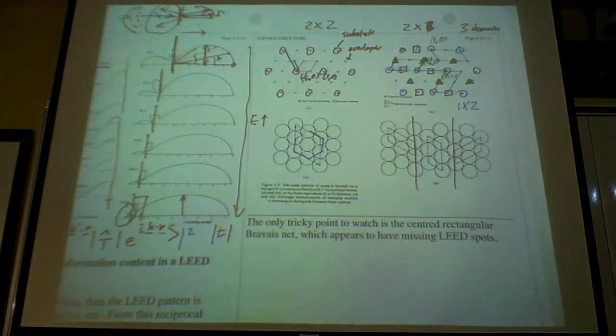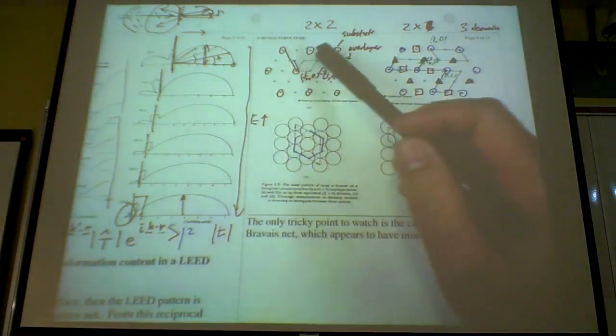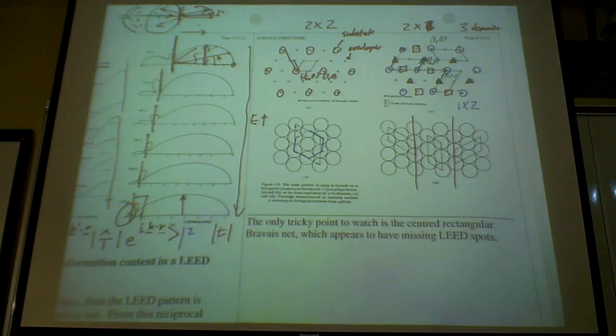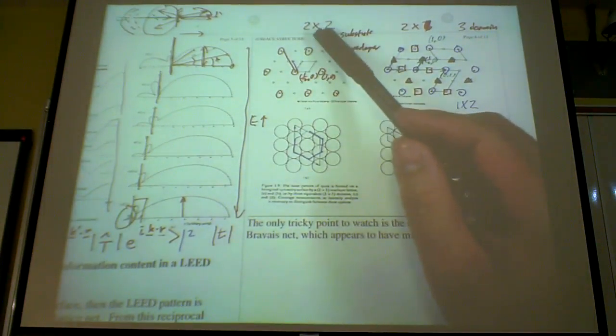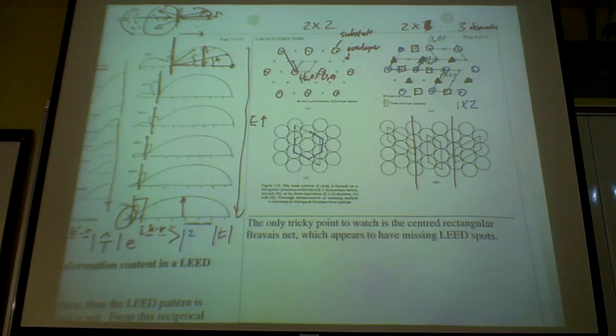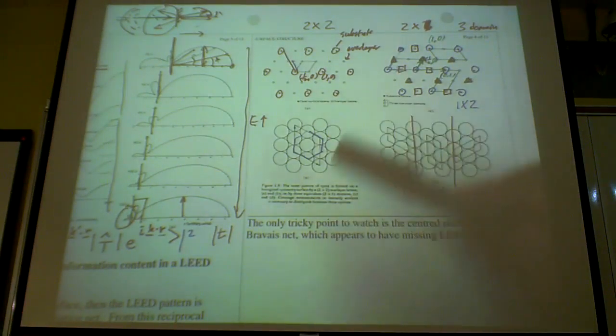Okay. So these are known as fractional order spots in LEED terminology. And what I'm saying is that here you can go back and say, well, because I know this is a 2x2, it means that in real space, my overlayer atoms should be twice as long. The unit vector should be twice as long as my substrate.